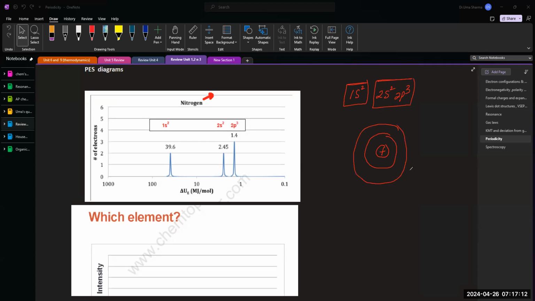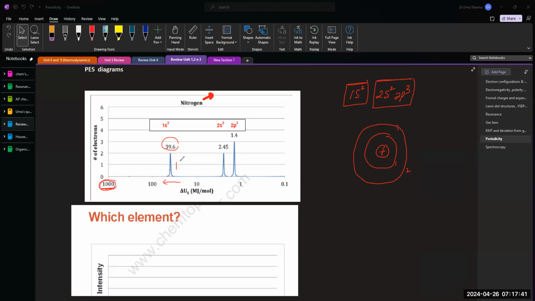Which shell needs the highest amount of energy, 1 or 2? I'm talking about shells, not S and P. Shell number 1. See the amount of energy here; you have to check the graph, the coordinates. This is the highest energy, so shell number 1 will always be closer to this level.